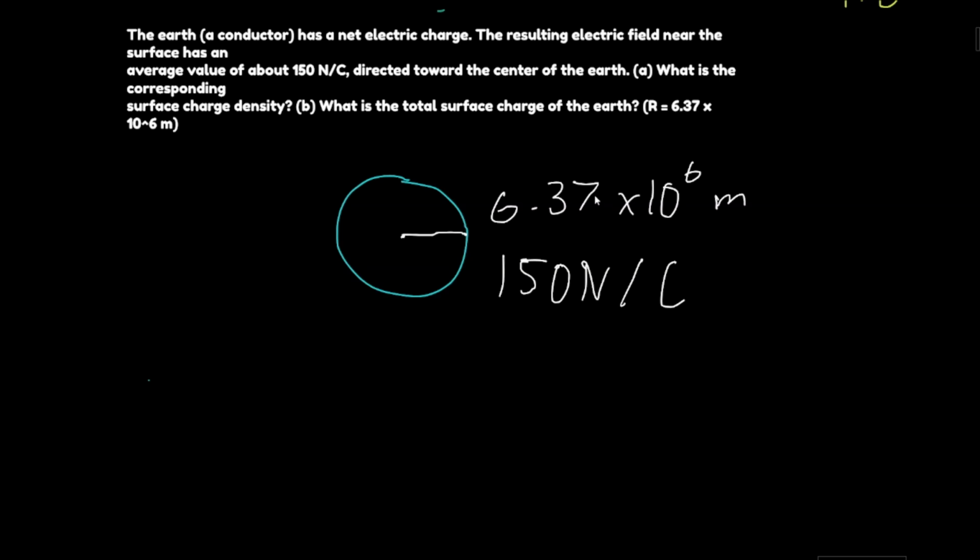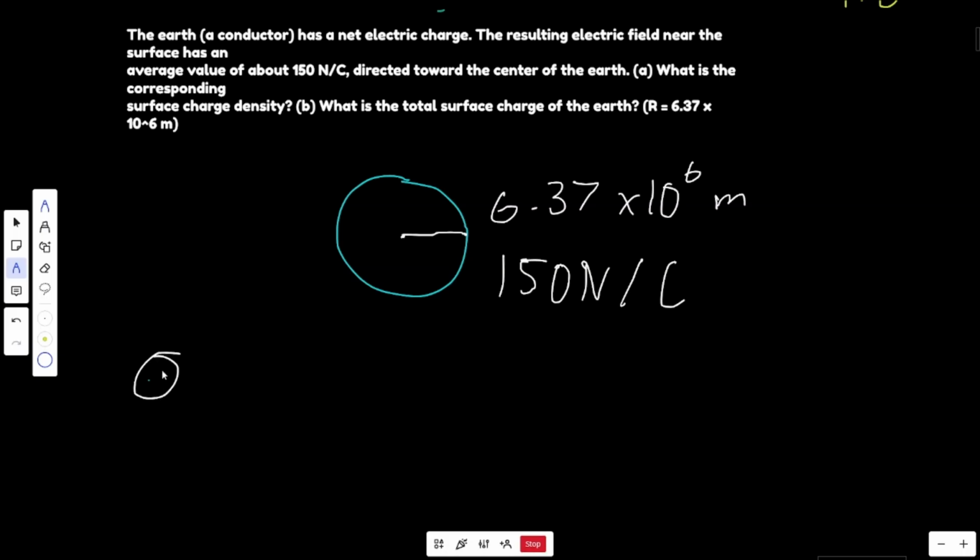First, what is the corresponding surface charge density, and what is the total surface charge of the Earth? Alright, so this is a two-parter. First, we try to identify the flux. We use Gauss's law again, but maybe this time we can take a bit of a shortcut. Take a look here.